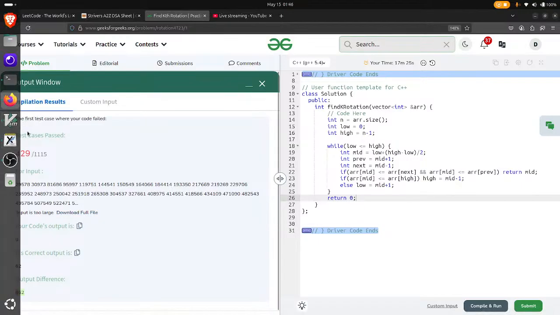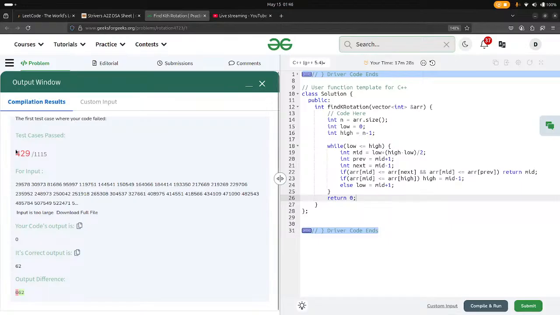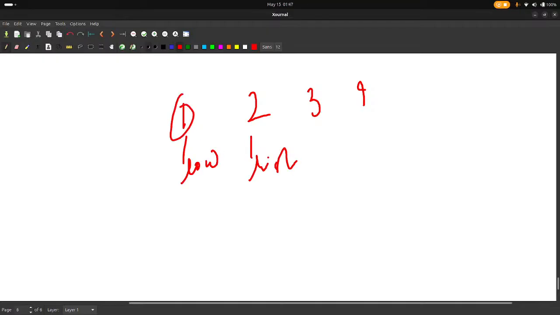Aha, let's say hypothetically I get 1 2 3 4, where this is my low and this is my high. Can I say that 1 is my answer? No, because nothing is before low.